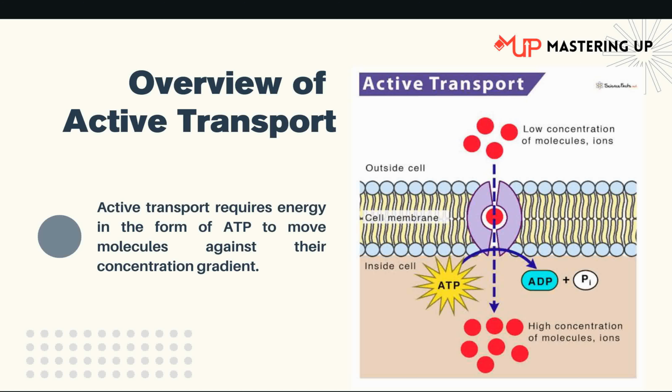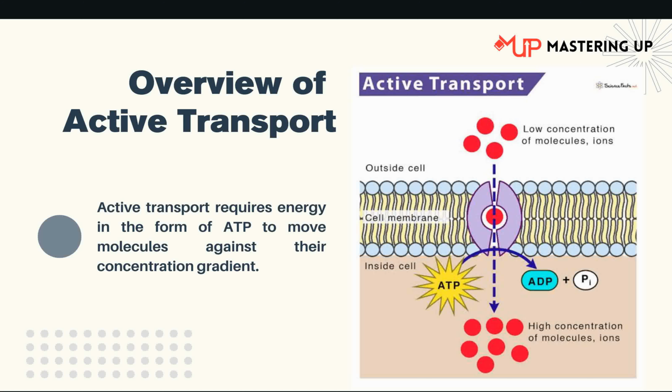Now let's see an overview of active transport. Active transport, unlike passive transport, requires energy input. Molecules are pushed from low to high concentration, which is against their natural movement direction.